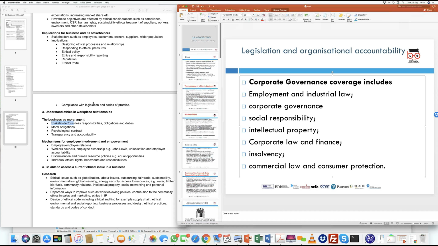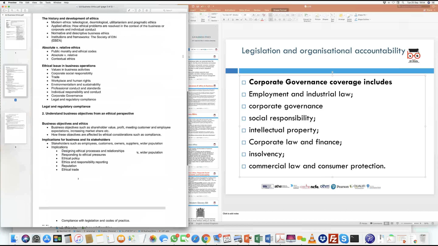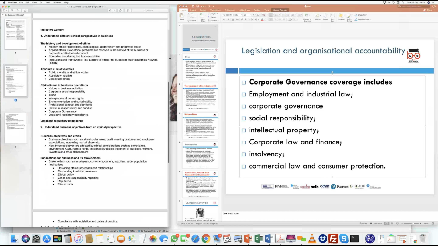So a bit of a mundane topic, to be honest, but the idea here is that we need to understand three key aspects of what we have covered today. One is we want to understand what is the relevance of ethics to the business. Sometimes it is left to the organization to comply, and those could be in the case of corporate social responsibility, environmental sustainability.